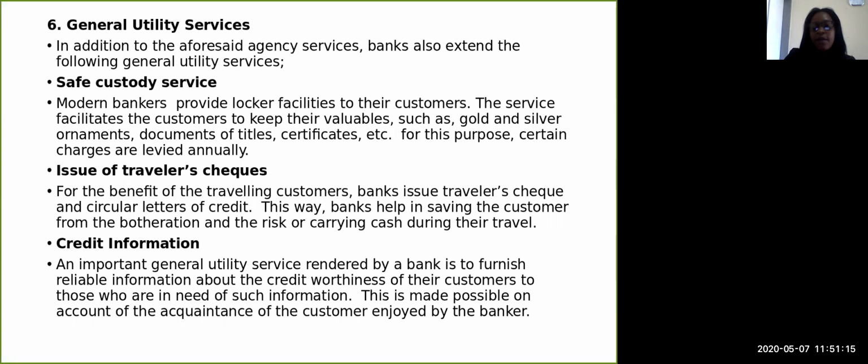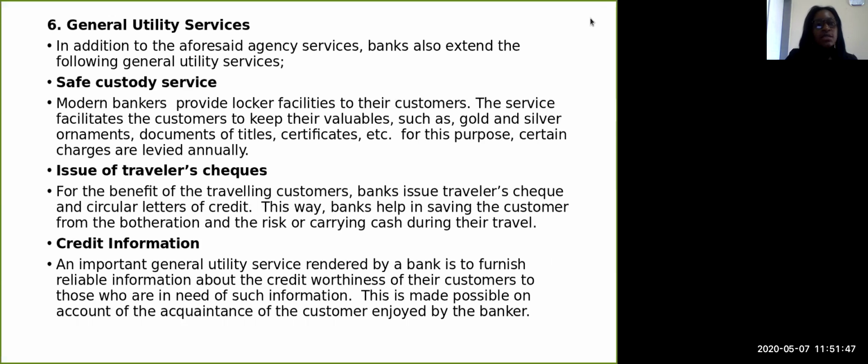The sixth function is general utility services. In addition to the agency services performed by commercial banks, banks also extend the following general utility services.